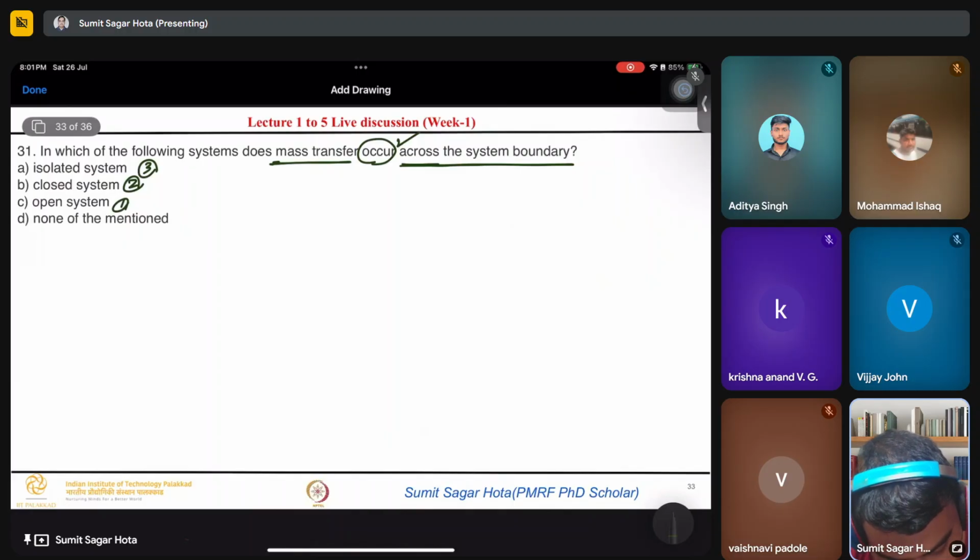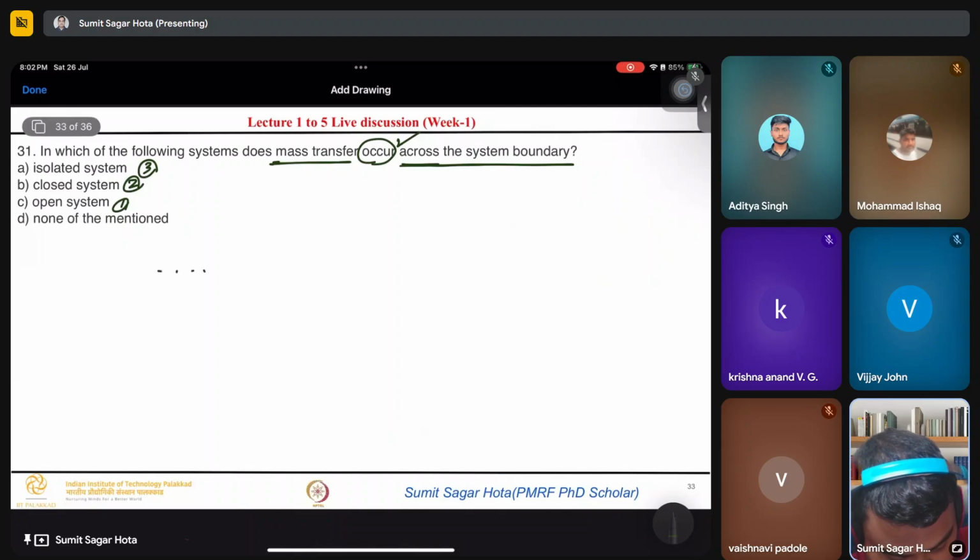So first of all, we'll just note down what the types of systems are.